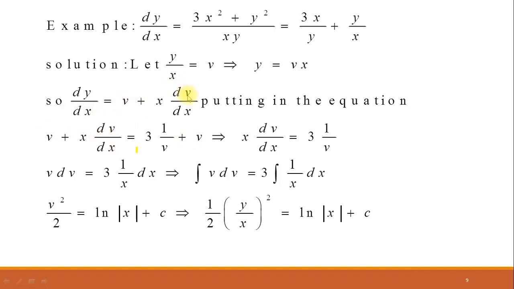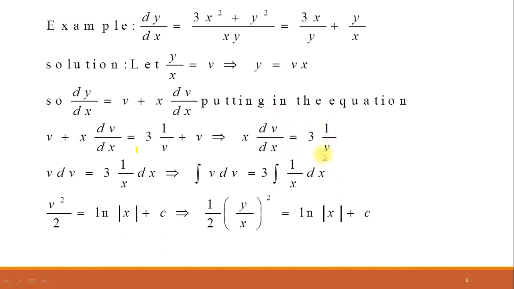Putting this expression for dy/dx, for x/y putting 1/v, and for y/x putting v. This plus v and this v cancel. If we shift this plus v to this side, it becomes minus v, and they cancel. So we get x dv/dx = 3(1/v).